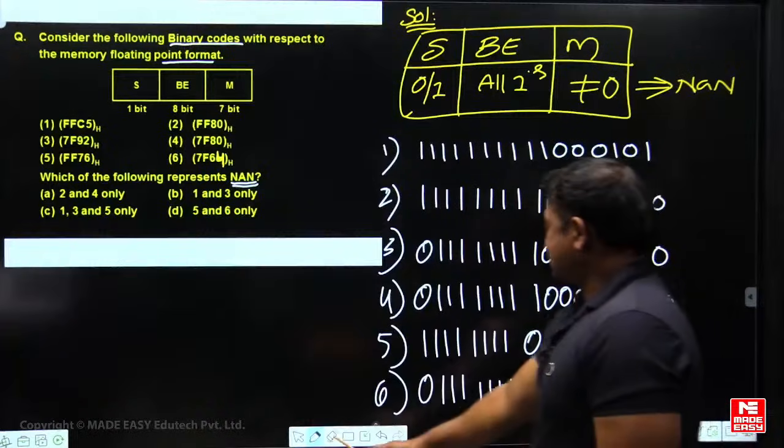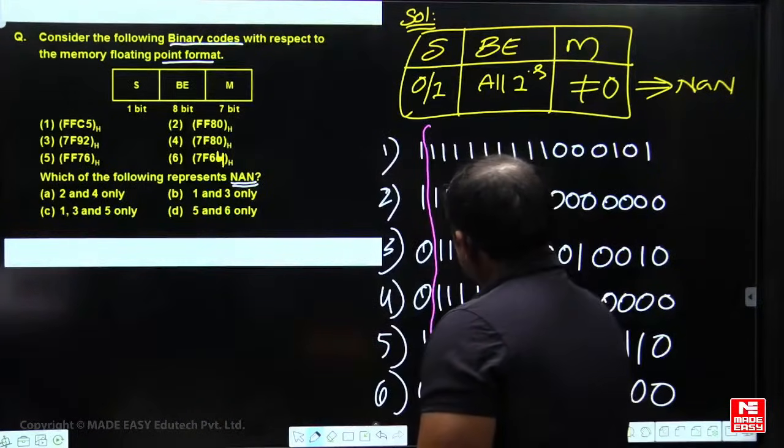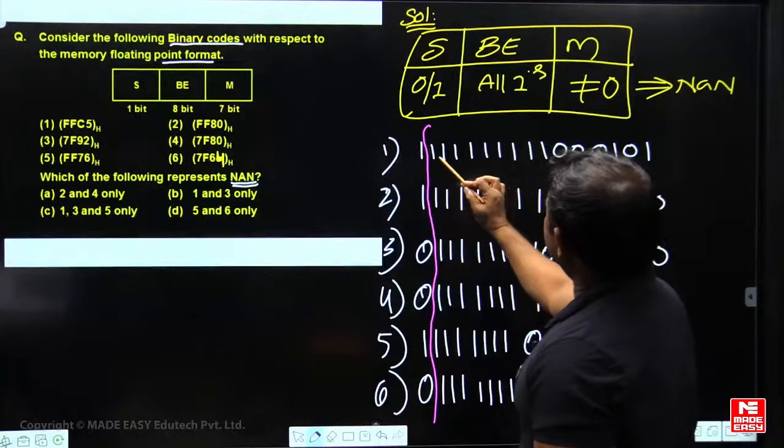All right. So now divide: sign, then next 8 bits.